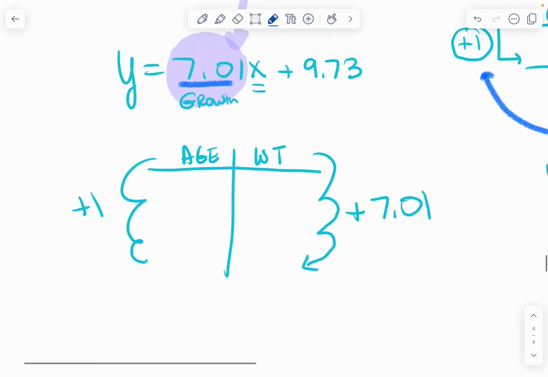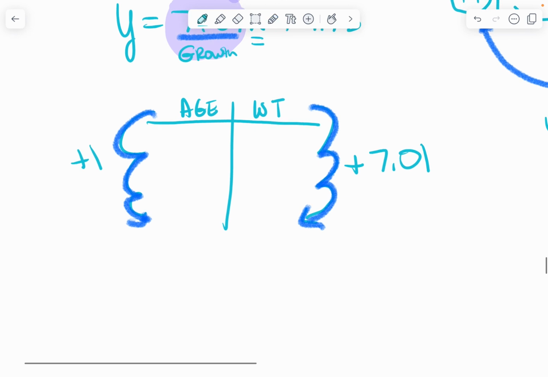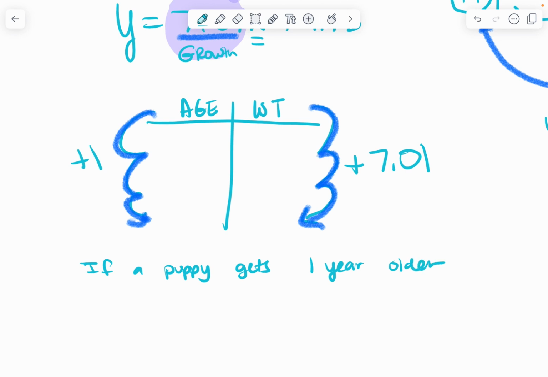If the growth is 7.01, I'm showing it on this side of the chart, and this side's going up by 1. What this tells us is that if a puppy gets 1 year older, notice what I did there, I used that 1 and that age, and I combined these two ideas.